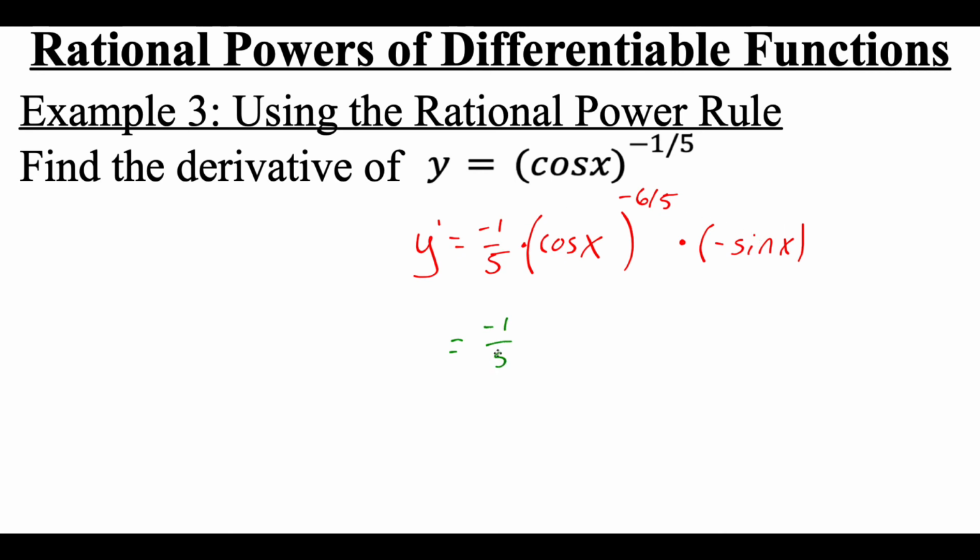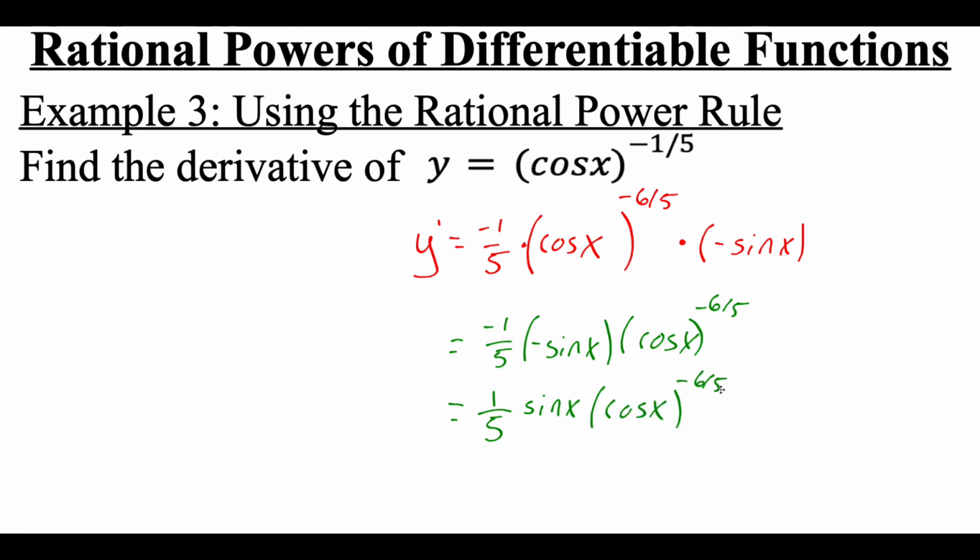So this is negative 1/5 times negative sine of x times cosine of x to the negative 6/5 power. In the front, when I take that negative 1/5 times that negative sine, that just turns into positive 1/5 sine of x, but then I still have this cosine of x to the negative 6/5 power on the back end.